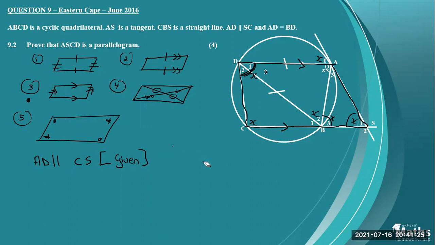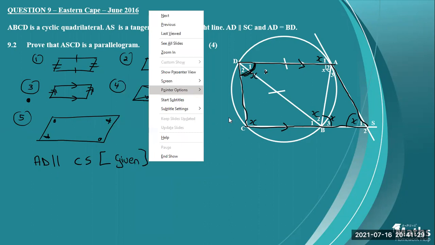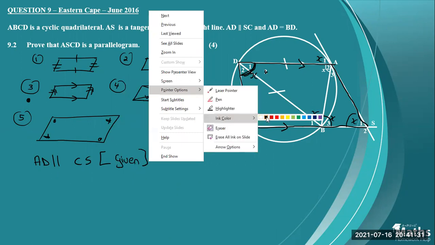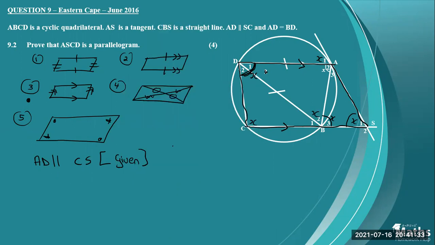Because if it's possible, then we are sorted. So let's see if it is possible. Can I somehow prove that DC is parallel to AS? Now, in order to prove that, what do we need? We need to try and see if we have a corresponding angle, right? What do you think?